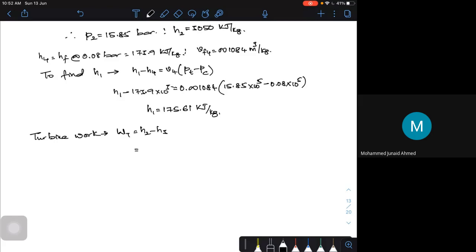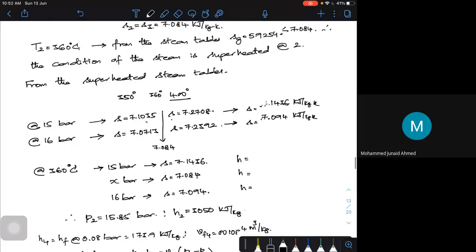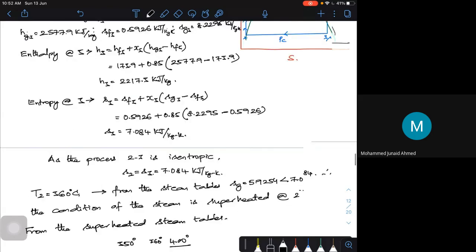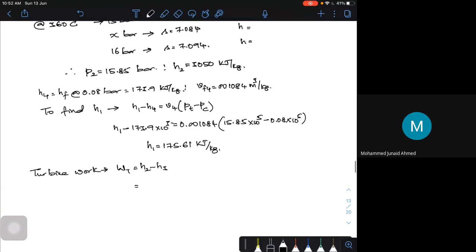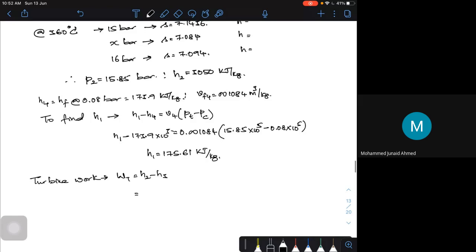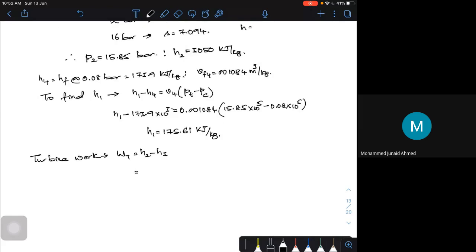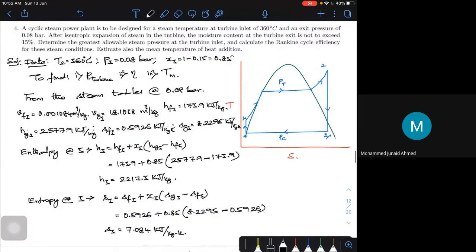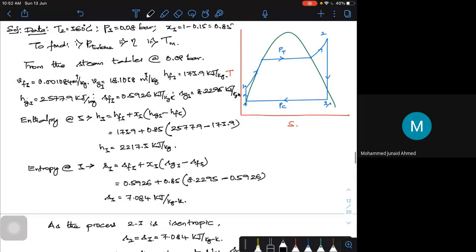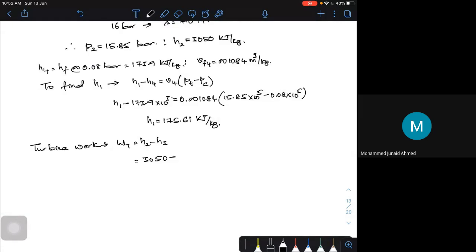So what is your H2? H2 we already calculated. Just now we found it is 3050, and H3 we found is 2217.3.